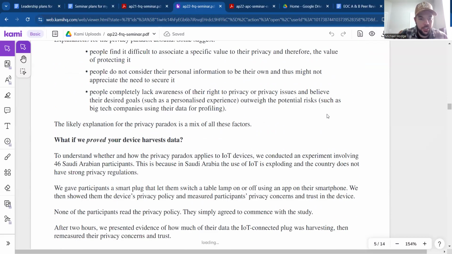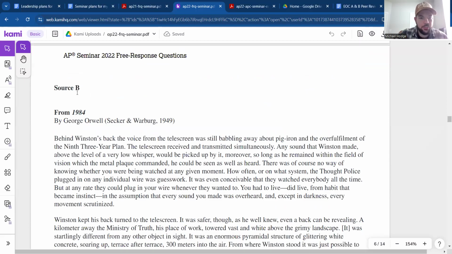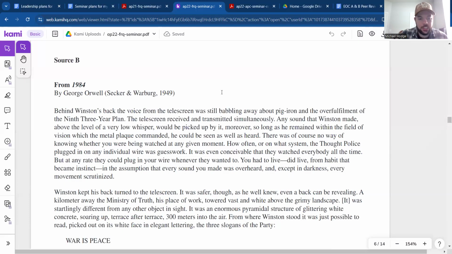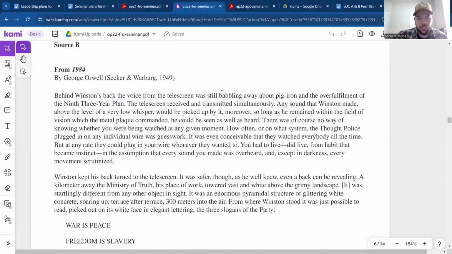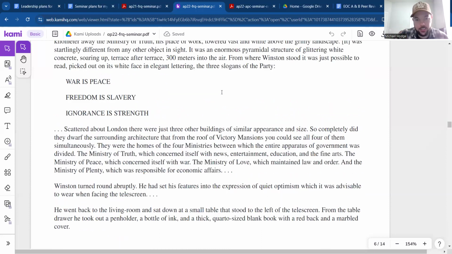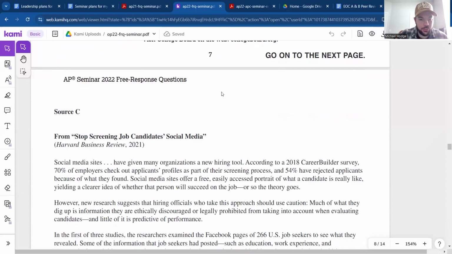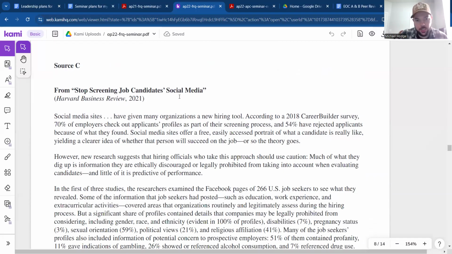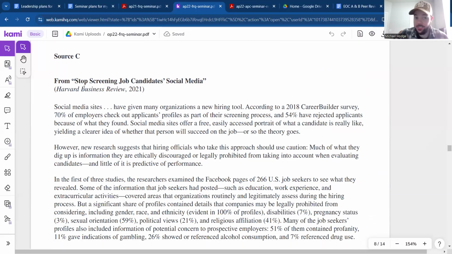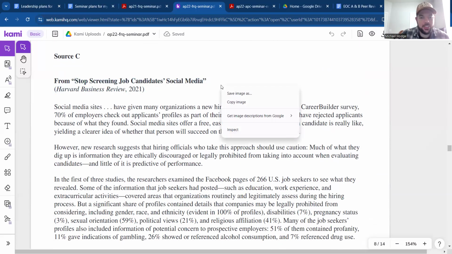I'd move on, right? Source B from 1984. If you've never read that particular piece of literature, it's not going to mean anything to you. And it doesn't mean anything to me right now, so I'm moving on. And then I would go to source C, stop screening job candidates' social media. This tells me some things potentially for sure. I'm not going to tell you what they are because I want you to make that decision for yourself.